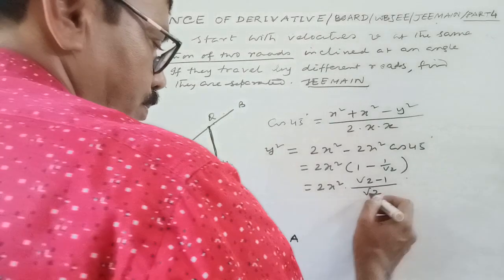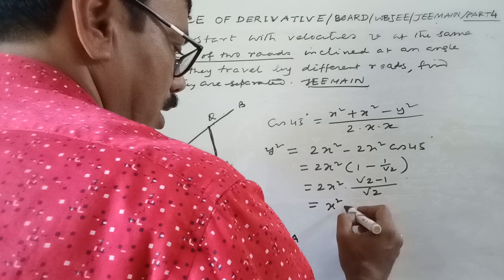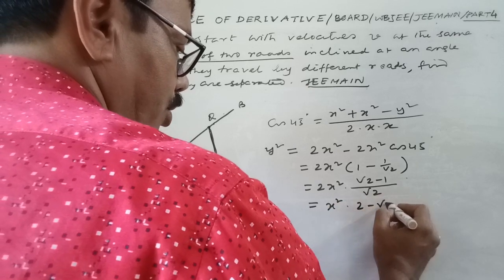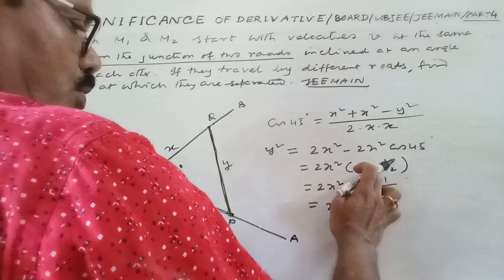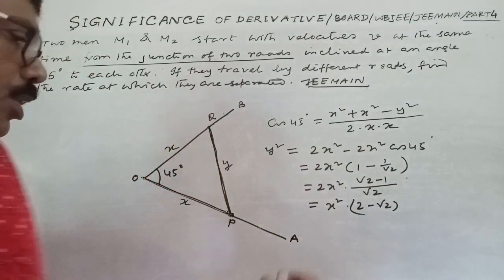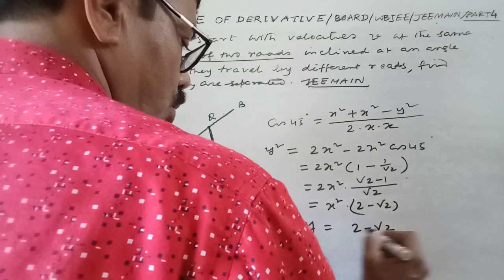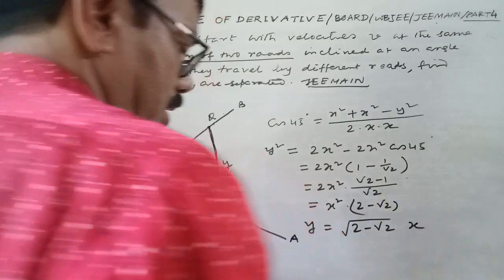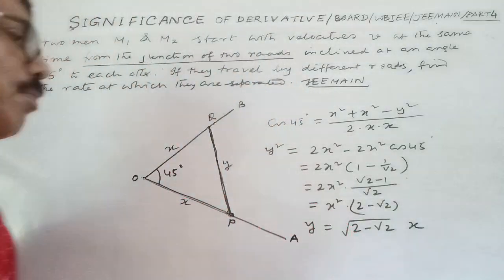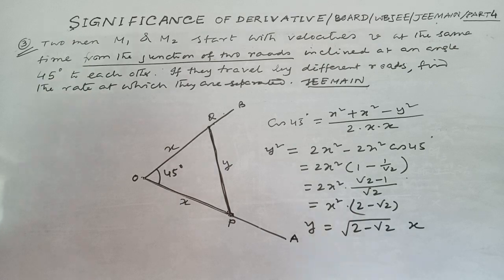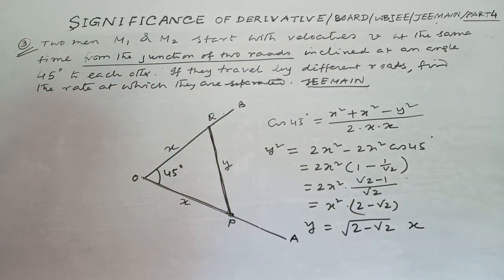Finally it is x square times (2 minus root 2). So y equals root of (2 minus root 2) into x. We are taking y as positive for a practical problem. So this is the relation between x and y.